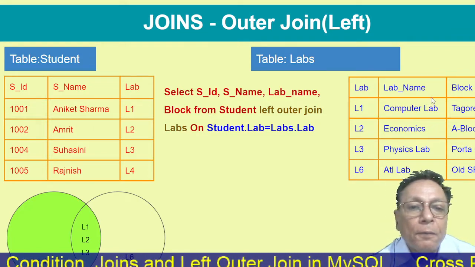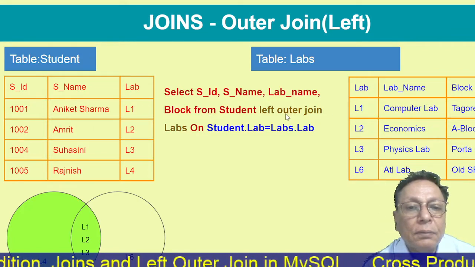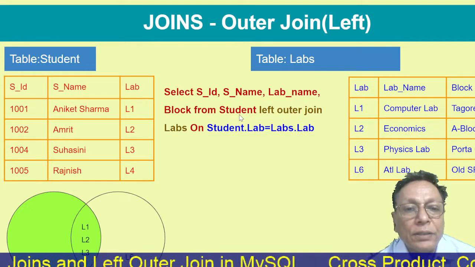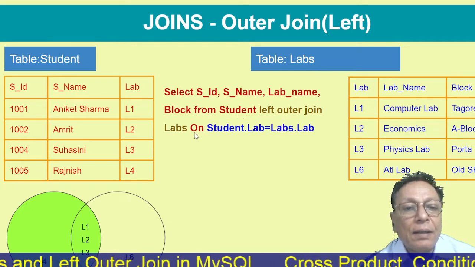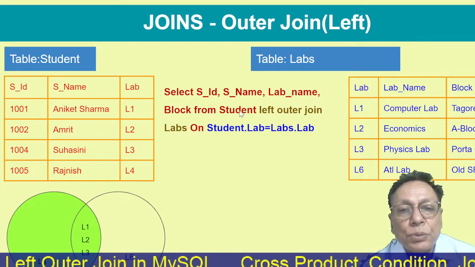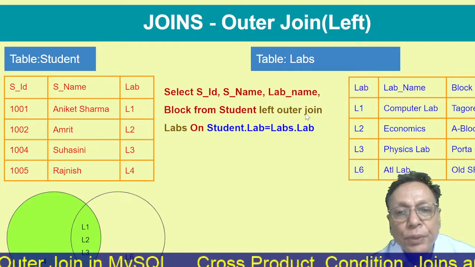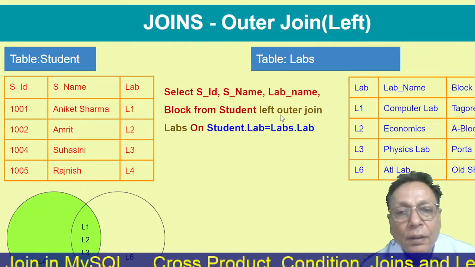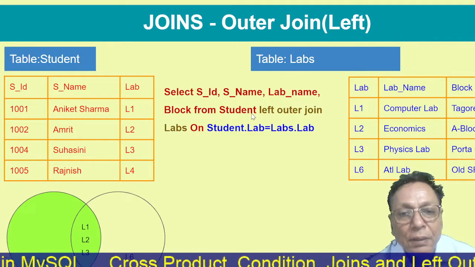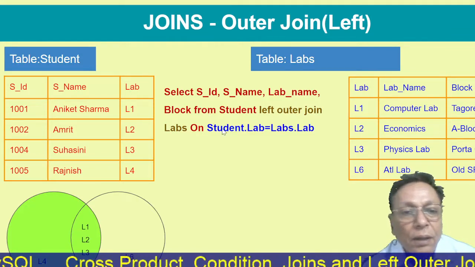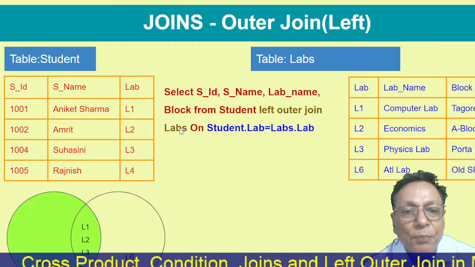And from the student table, because we have two tables, one is a student table and the other is labs table. So student left outer join, student first table, left outer join on the second table, that is labs.